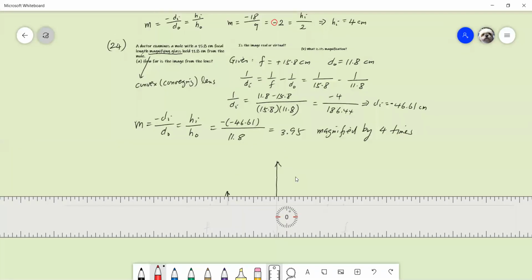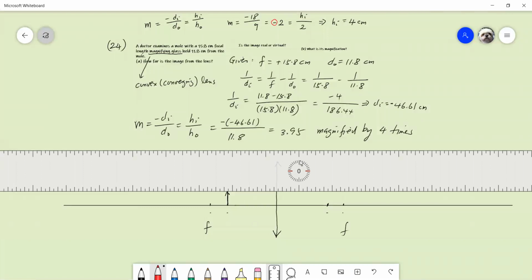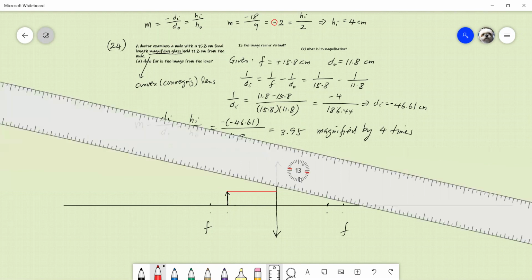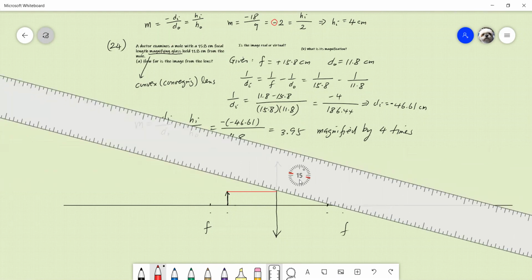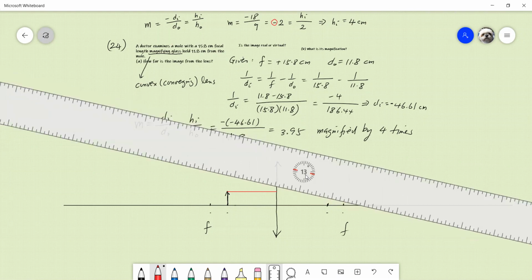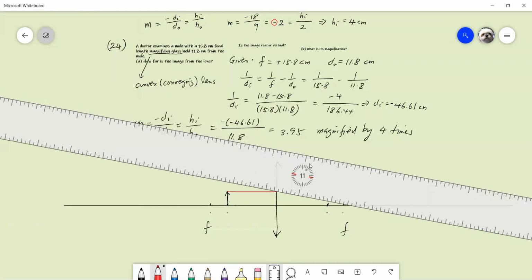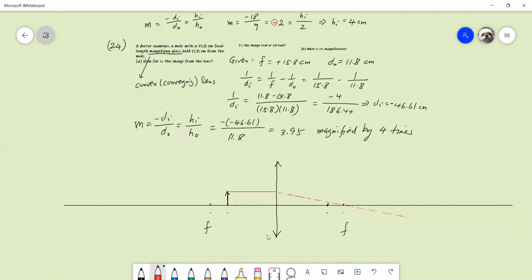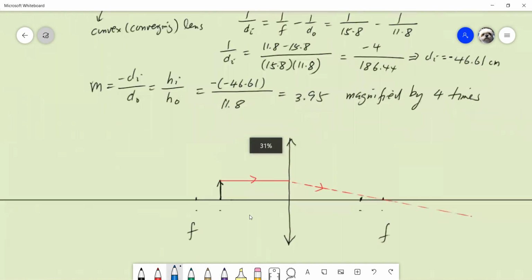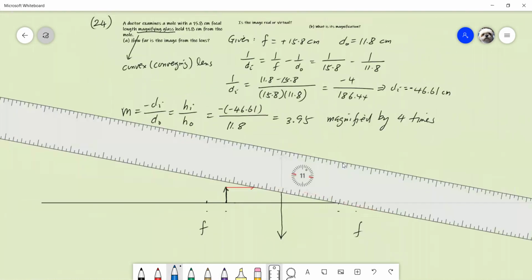Now then I'm gonna do the constructive reflecting wave, right? So parallel in, it's gonna hit the focal point on the other side. Now then I'm gonna have the hit the vertex, right?